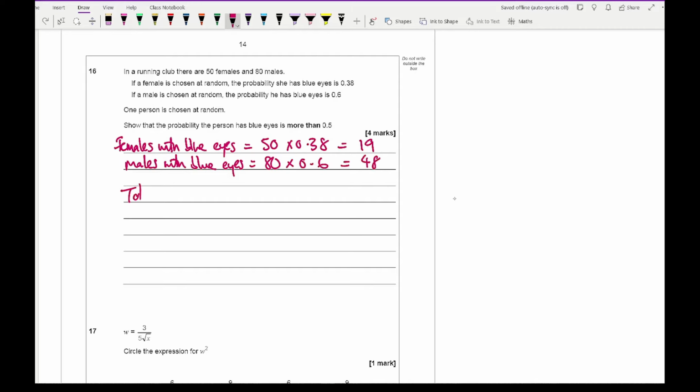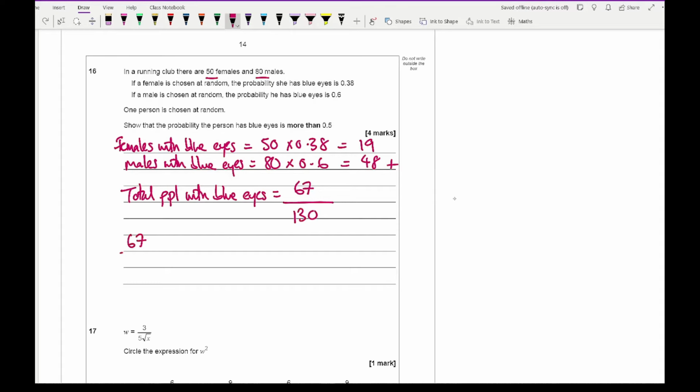So the total number of people with blue eyes is going to be 19 plus 48, which is 67, and the total number of people is 50 plus 80, which is 130.